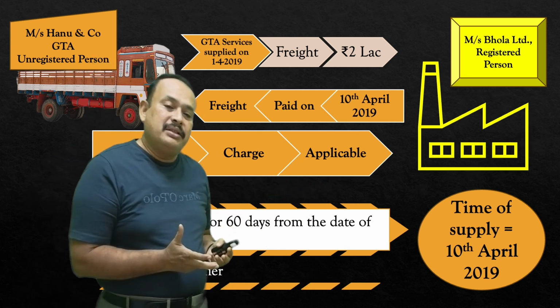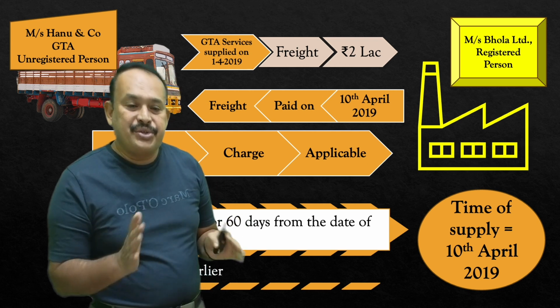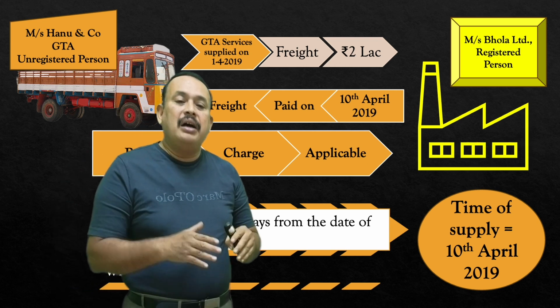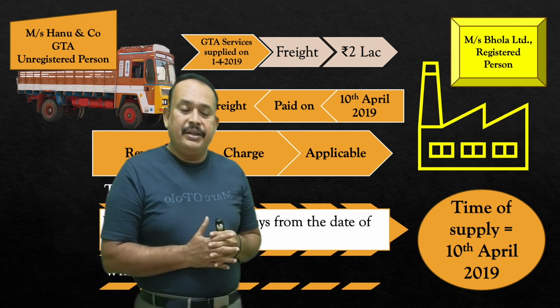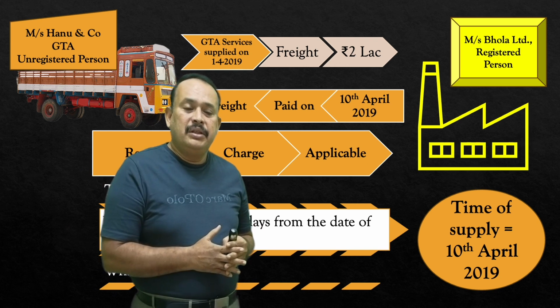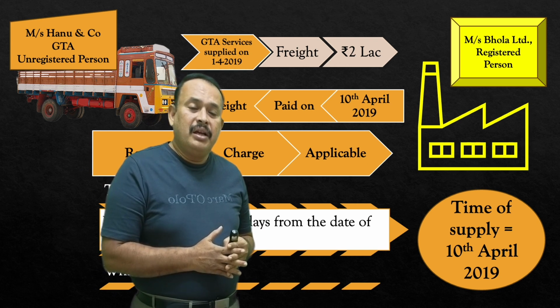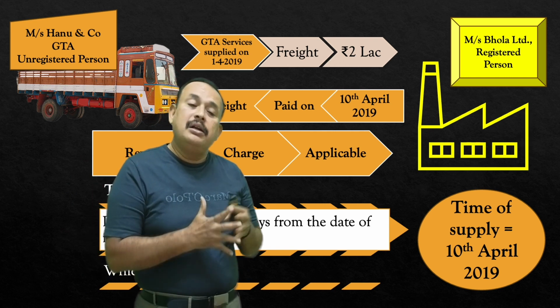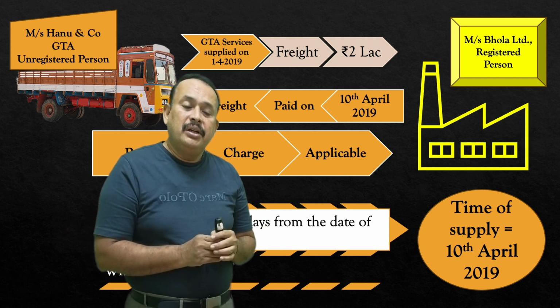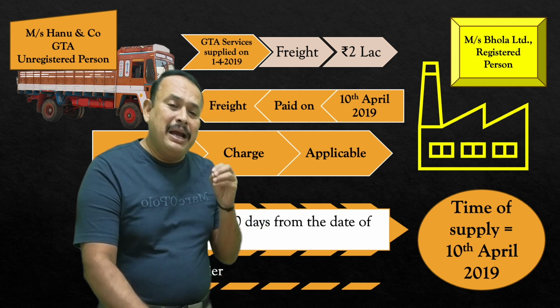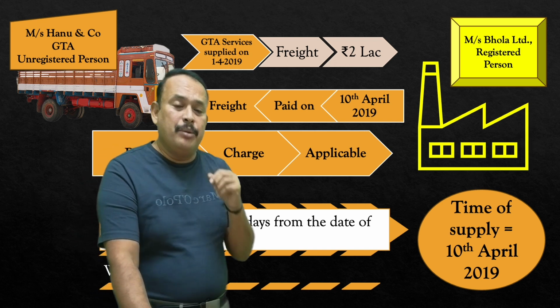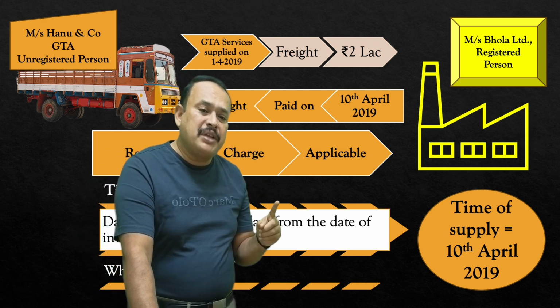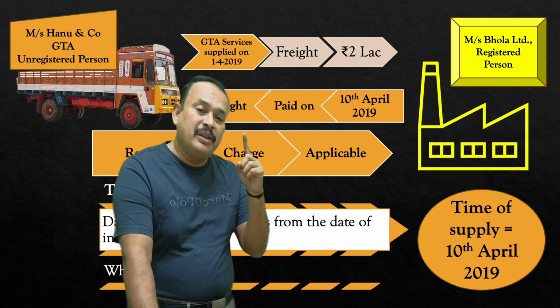Bhola Limited says, I will pay the GST on such freight under RCM. Can I avail the ITC of that? The department said, you paid this particular amount on 10th April 2019, so the time of supply is 10th April 2019.